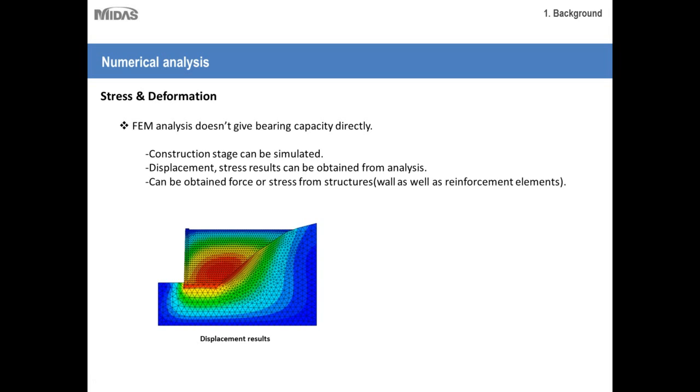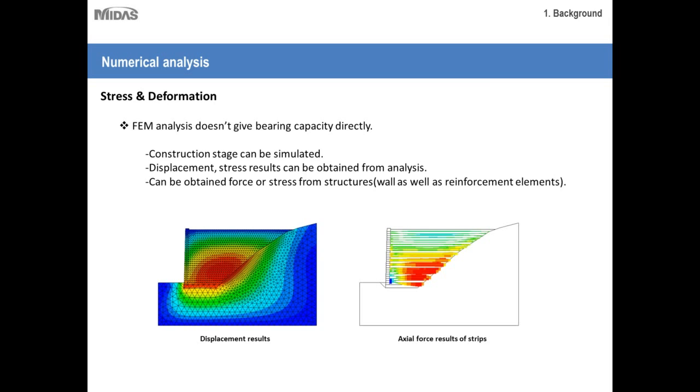And this can be used to obtain forces or stress from the structures. So basically, through numerical analysis, you can obtain accurate design forces. You can find out what is the structural force in this particular member and then design it accordingly. And it gives the forces not only for your wall elements but also for the reinforcements.